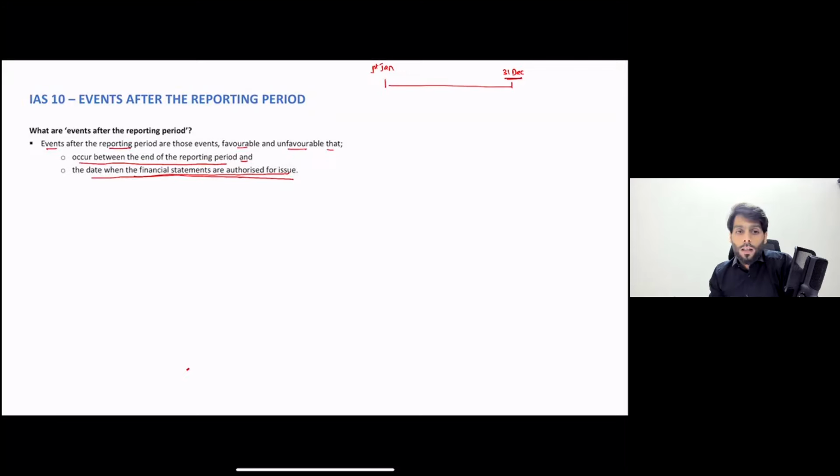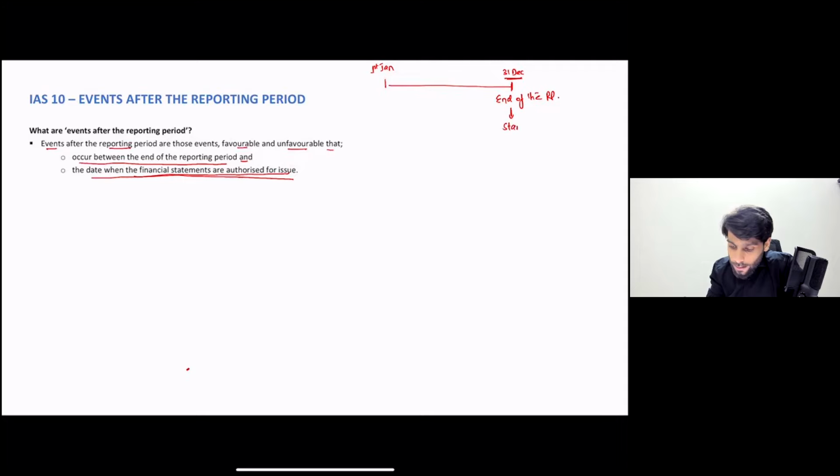So 31st December is the end of the reporting period. Events after the reporting period include all events, favorable or unfavorable, that occur after the end of the reporting period. So this is the starting point of IAS 10.